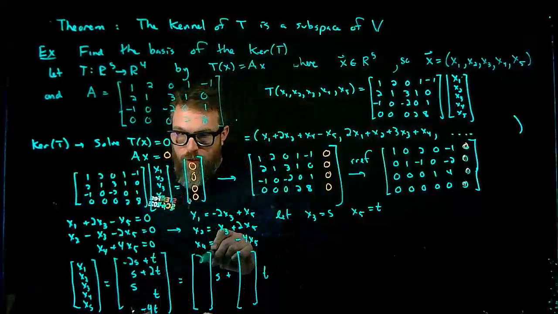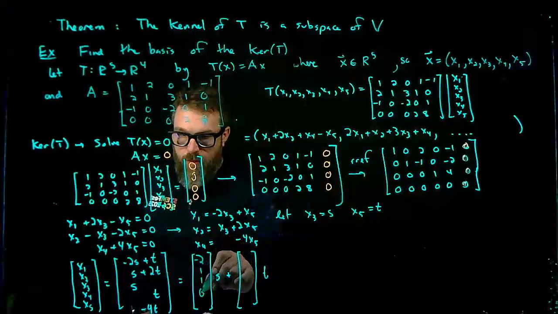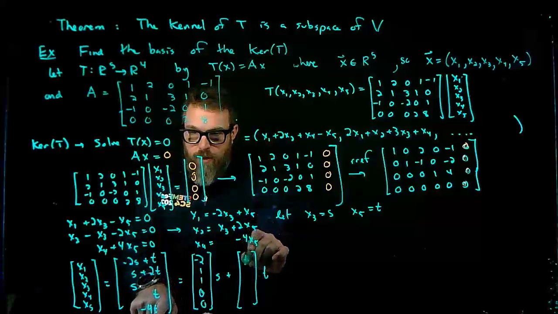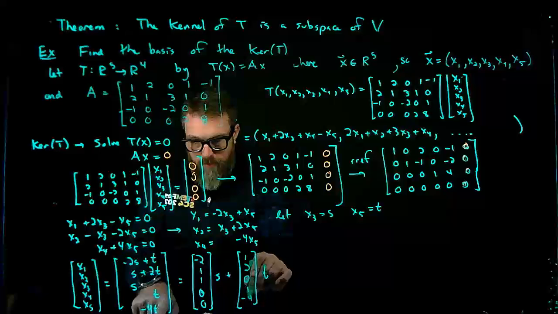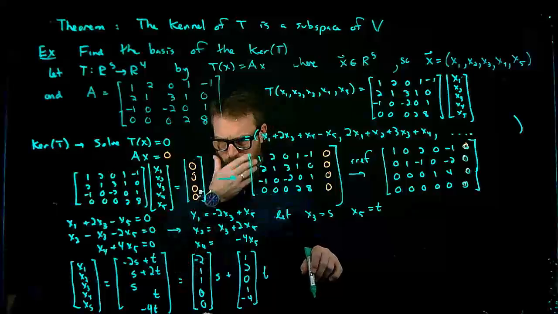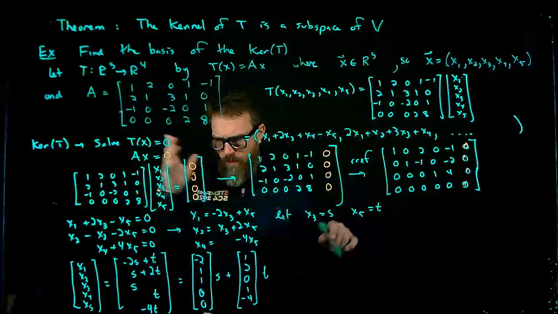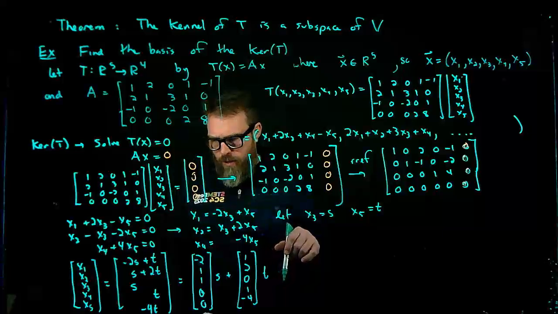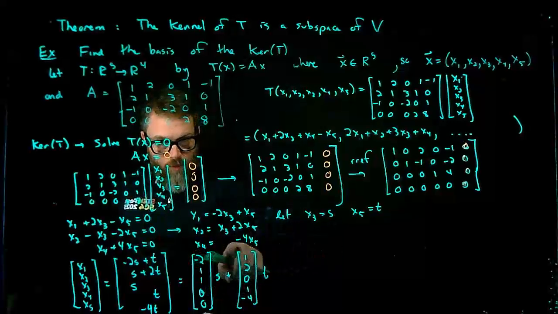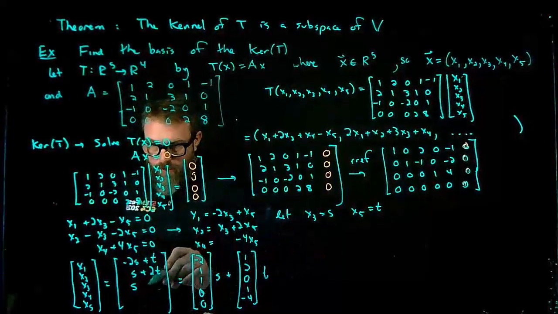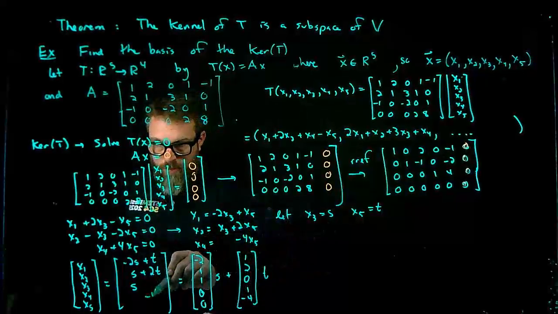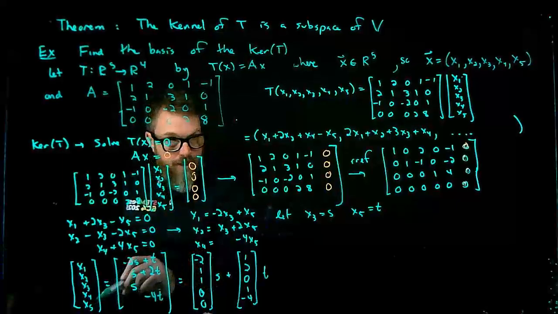So this is going to be negative 2, 1, 1, 0, 0, and the coefficients of t are 1, 2, 0, and so on. Wait, I have that backwards. x4 is minus 4x5, so x4 is minus 4t, and then x5 is just t.